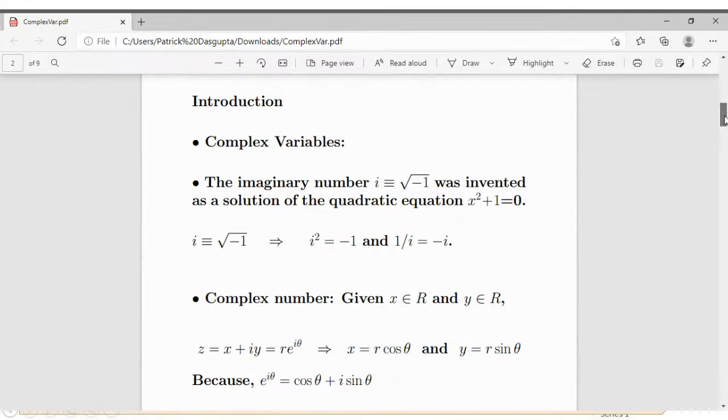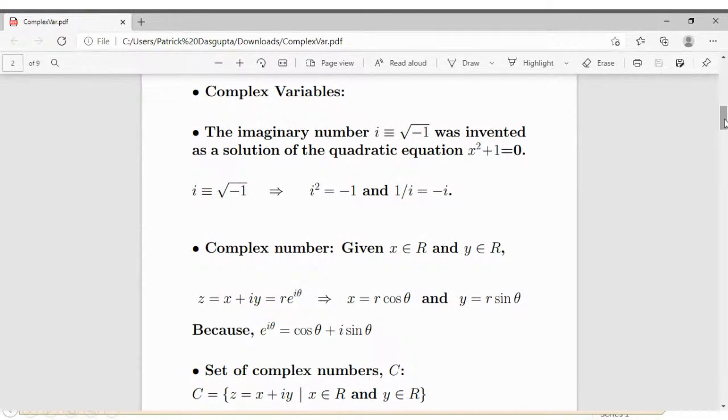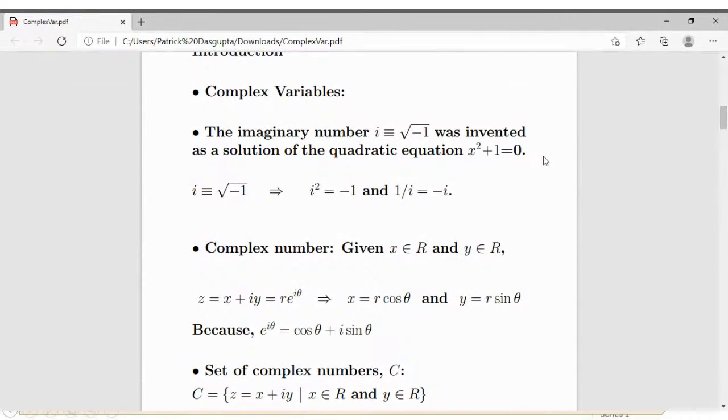Using this imaginary number, the mathematicians developed the whole field of complex analysis so that one can write a complex number z as x plus iy for any x and y belonging to the real numbers.